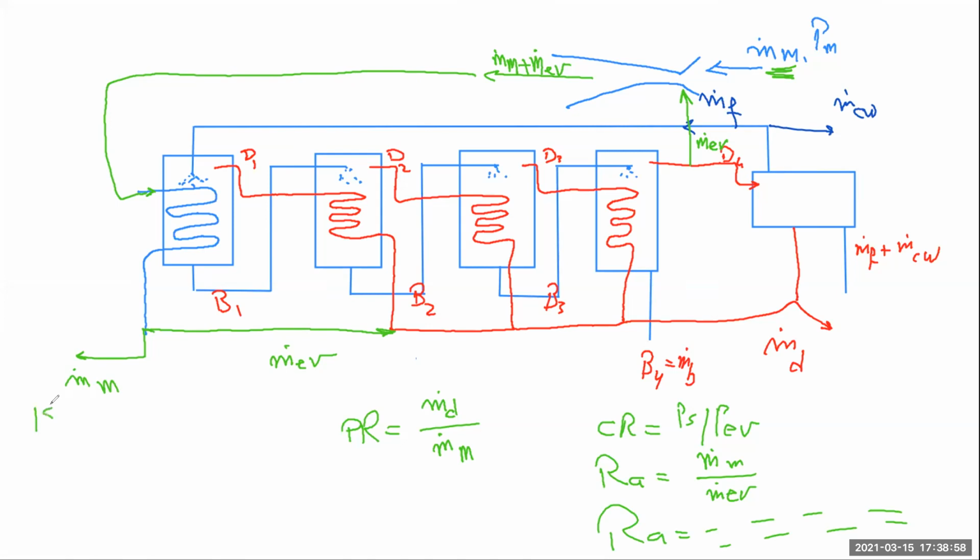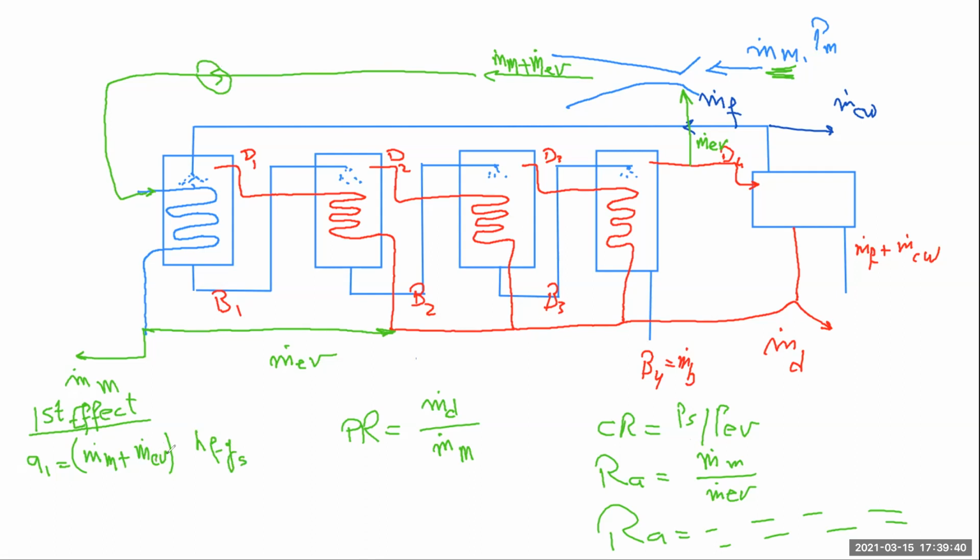So if I'm going to say here the first effect, then I can write that Q for the first effect is m dot motive plus m dot entrained vapor, both of these multiplied by HFG at S. So this is the condition S. That's the stream of steam which is coming in, which is made up of these two components, m dot motive and m dot entrained vapor.